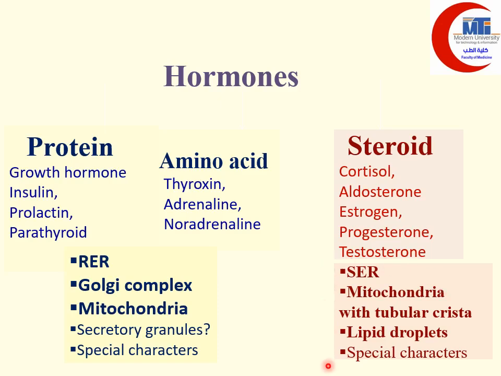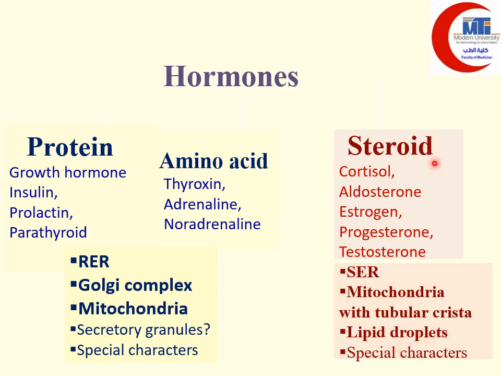The electron microscopic picture of these cells shows well-developed smooth endoplasmic reticulum and mitochondria, but the mitochondria of these cells are specific, with tubular cristae, and lipid droplets.